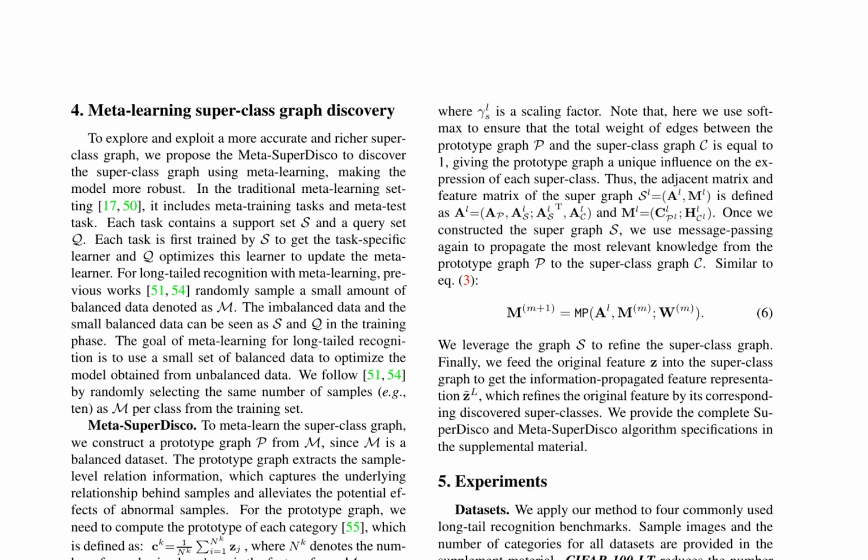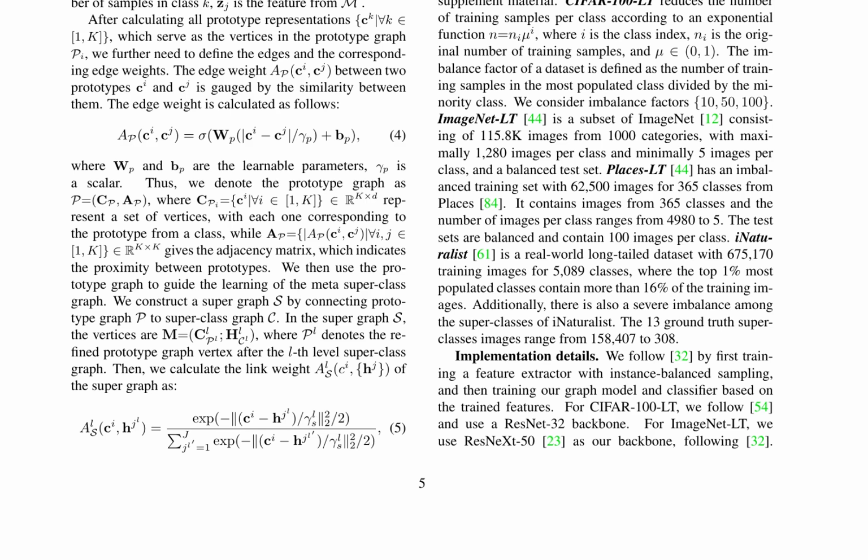The edge weight A_P(C_i, C_j) between two prototypes C_i and C_j is calculated using a learnable function. To guide the learning of the meta-superclass graph, the prototype graph P is used to construct a supergraph S by connecting P to the superclass graph C. The supergraph S has vertices H equals (C^l ⊕ P^l, H^l ⊕ C^l), where P^l denotes the refined prototype graph vertex after the l-th level superclass graph.